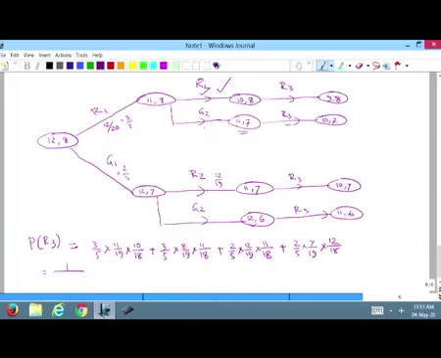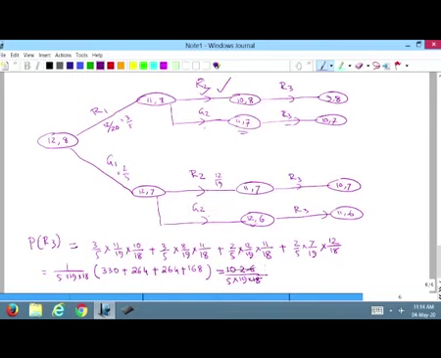is equal to 1 upon 5 into 19 into 18 multiplied by 3 into 11, 33 into 10, 330, plus 3 into 8, 24 into 11, that is 264, plus 12 into 2, 24 into 11, that is 264, plus 7 into 12 is 84 into 2, 168, is equal to 1026 upon 5 into 19 into 18 is equal to, let us cancel now, 18 cancels with 1026.